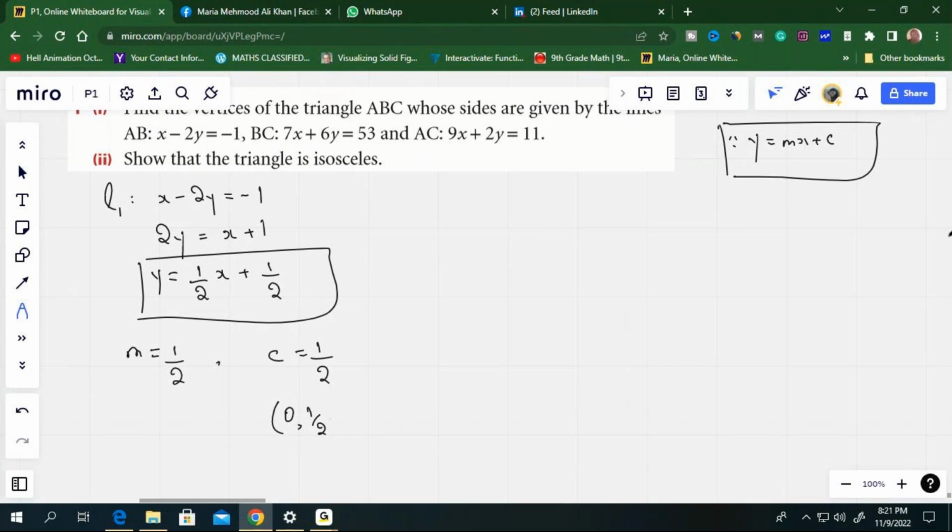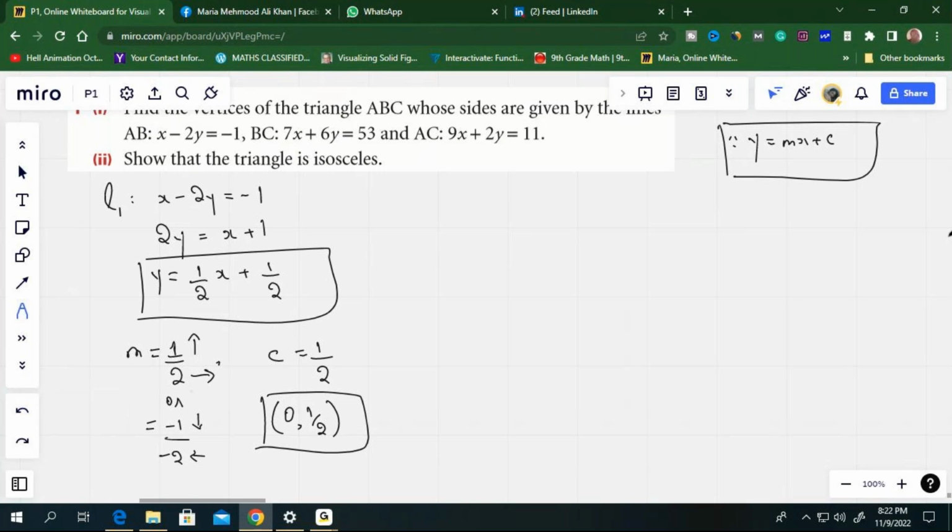This is one of the points that I know, and with the help of the slope I can find the other point. The slope is 1 upon 2. Either you can take 1 unit up and 2 units right from the y-intercept point, or you can take 1 unit down and 2 units left, because that also gives you half. So you have two ways of getting the points.